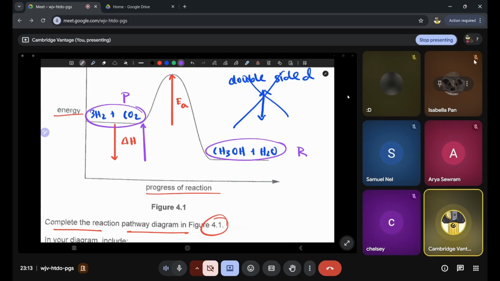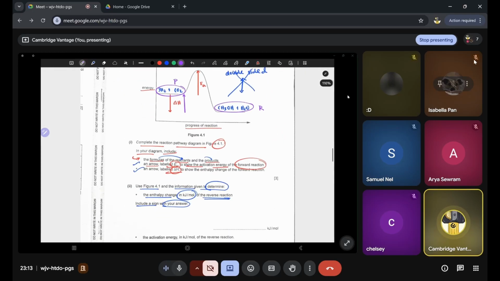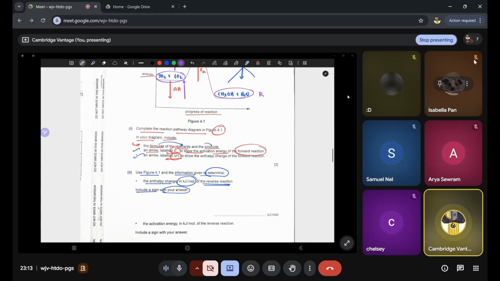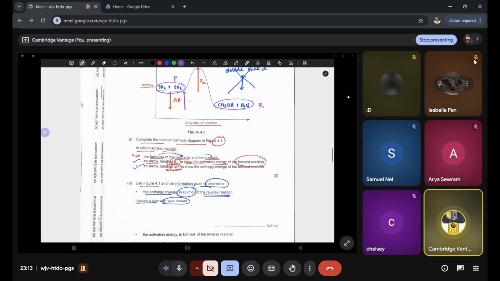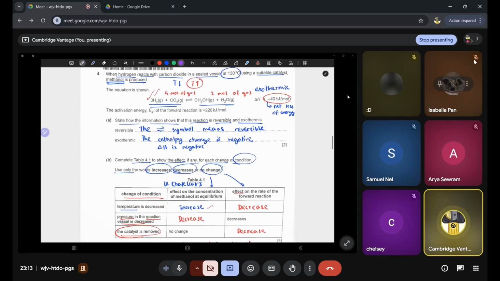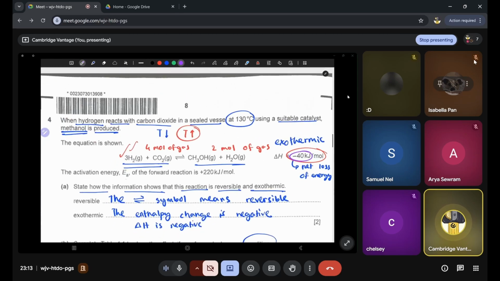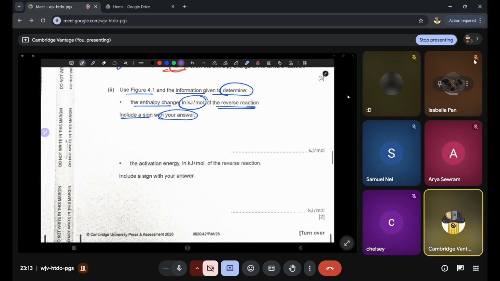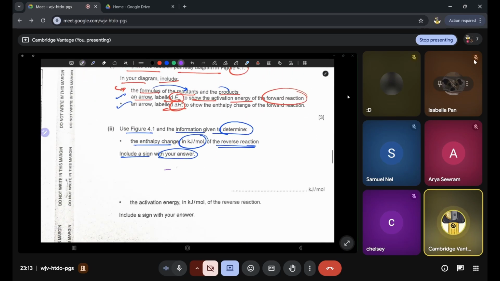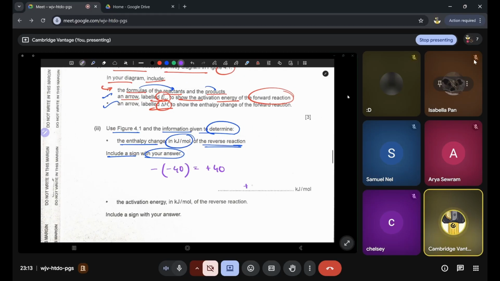And we can see that it's now in the opposite direction of the initial enthalpy change. So it's just going to be negative delta H. Now they ask for the value of the enthalpy change. And we know from the very first part that the enthalpy change was minus 40 previously. So if it was minus 40 previously, now it's going to be minus of minus 40. So it's just plus 40 kilojoule per mole. Is this clear for all students?